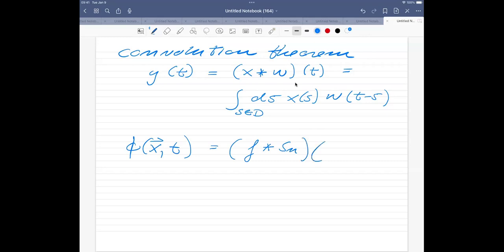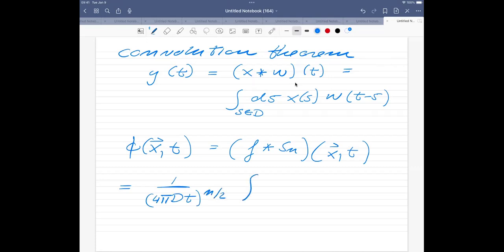And then we have a dependence on x and t. This is something which we can now write out in terms of this probability distribution which we found, which is the fundamental solution to the diffusion equation in n dimensions.